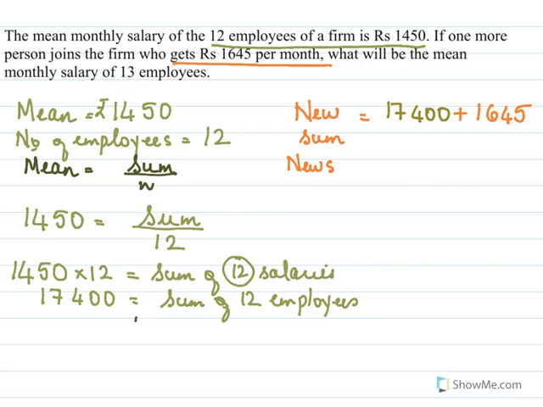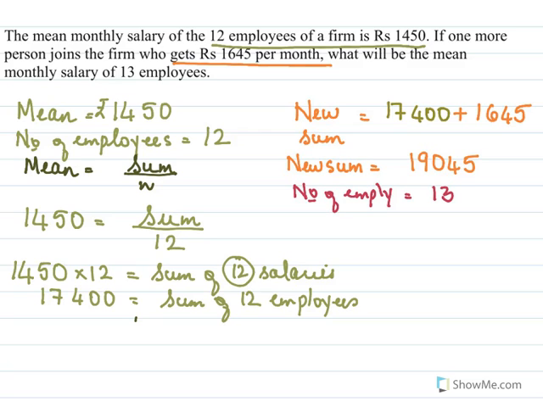So the new sum is 19045. Now the number of employees has gone up by 1. First there were 12 and one more has joined in. So the number of employees will now be 13.